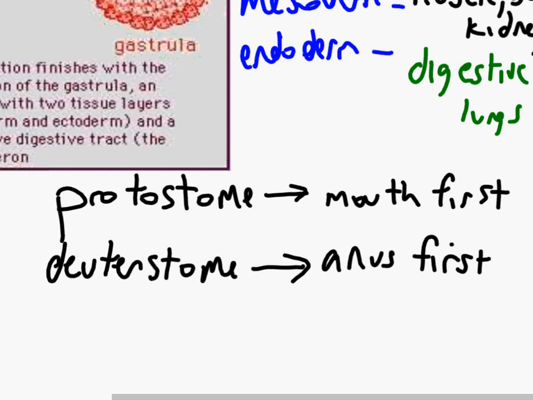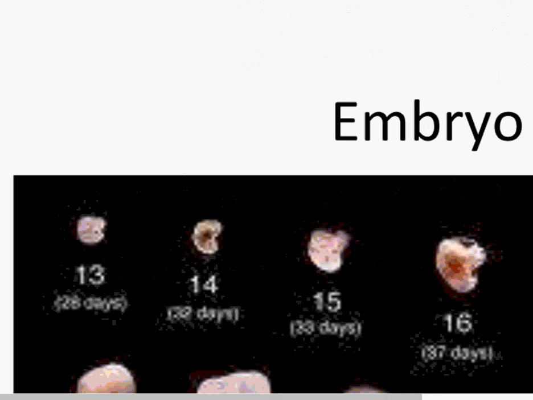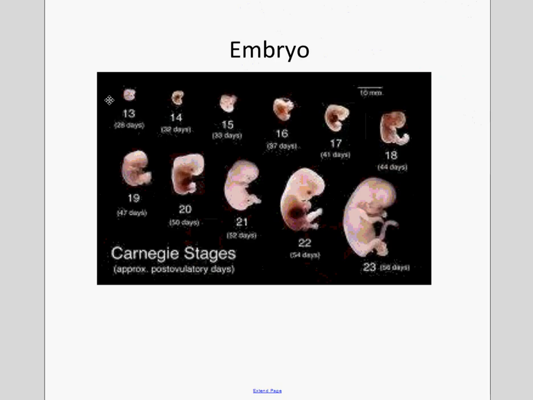After that occurs, this embryo is going to begin going through some pretty major changes. The gastrula is the stage of the embryo that actually attaches to the uterus and develops into what we call the embryo. During this embryo stage, there's a couple of things that are going to go on.